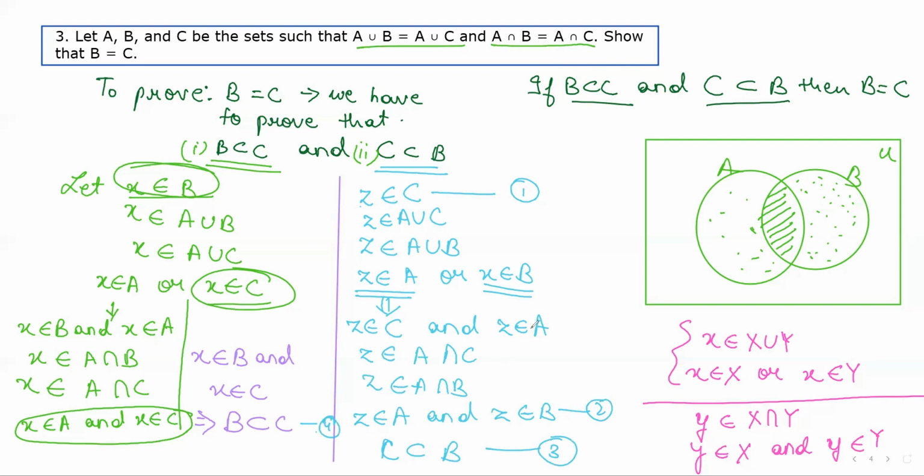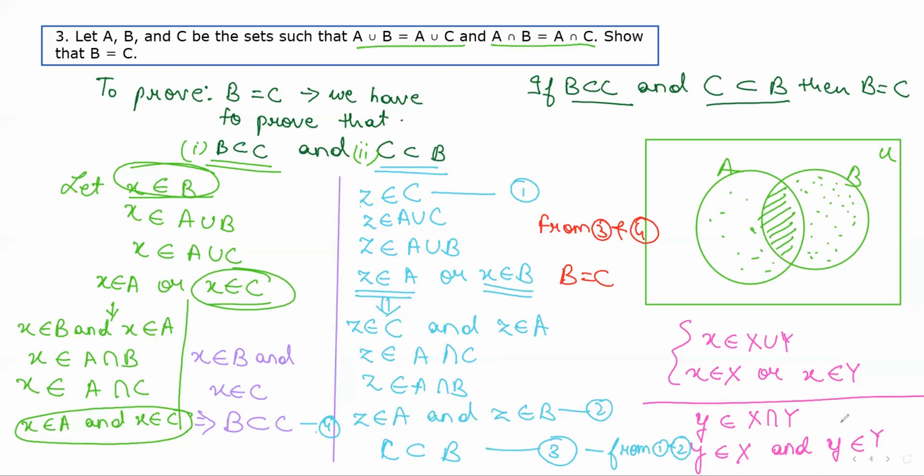From 3 and 4, you can say that B is equal to C. So this is from 1 and 2. From 3 and 4, we can say that B is equal to C.